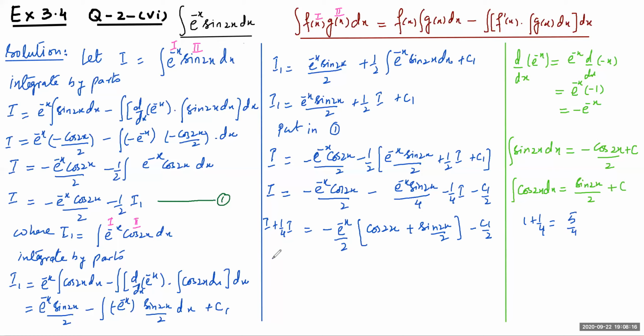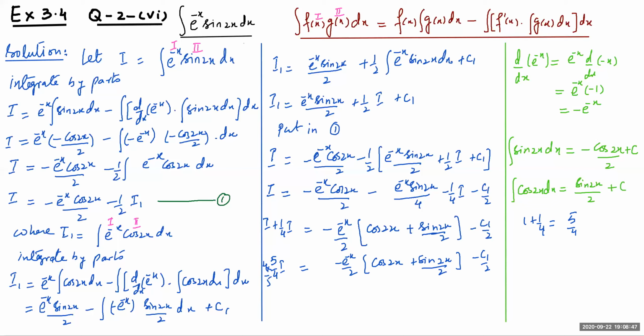As a result, I have 5 by 4 I is equal to minus e to the minus x by 2 cos 2x plus sine 2x by 2, then minus c1 by 2. Now what I'm going to do, I'm going to multiply both the sides by 4 by 5, so that this 5 by 4 got cancelled.